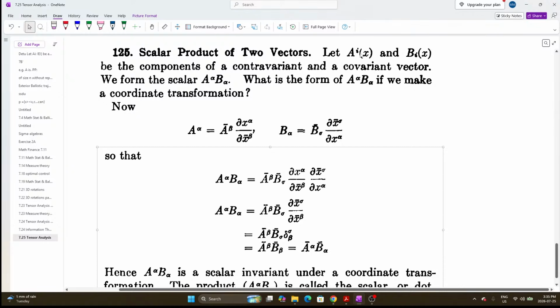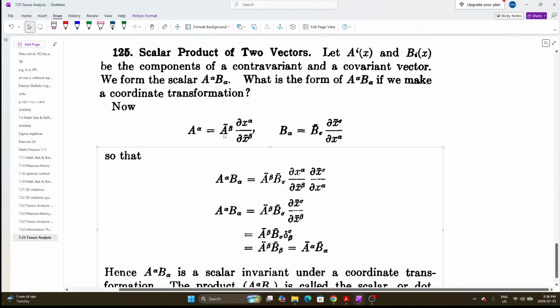Okay, so A^i upstairs is contravariant, so you have this transformation law. Hold on, this is the opposite. Here, because in the definition we've been using, you always write the new one on the left.